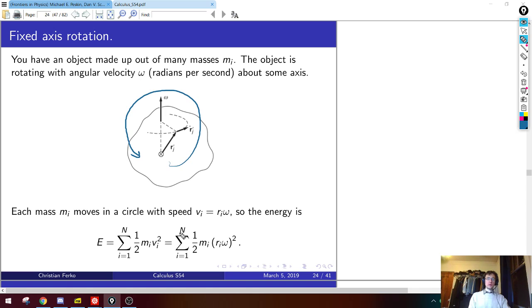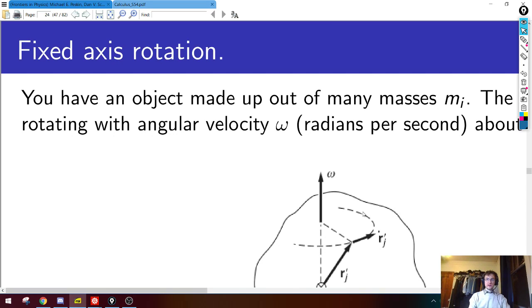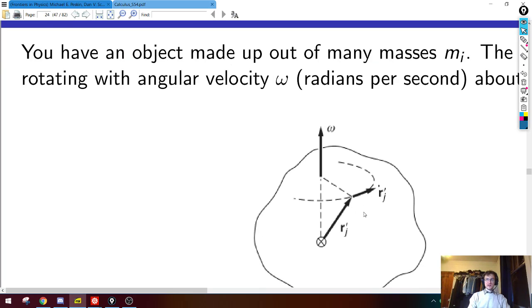And you want to know what is the total energy of this system due to all of this rotary motion. That sounds like a hard problem. But it's actually not so hard if you just break it up into chunks and find the energy of each chunk.